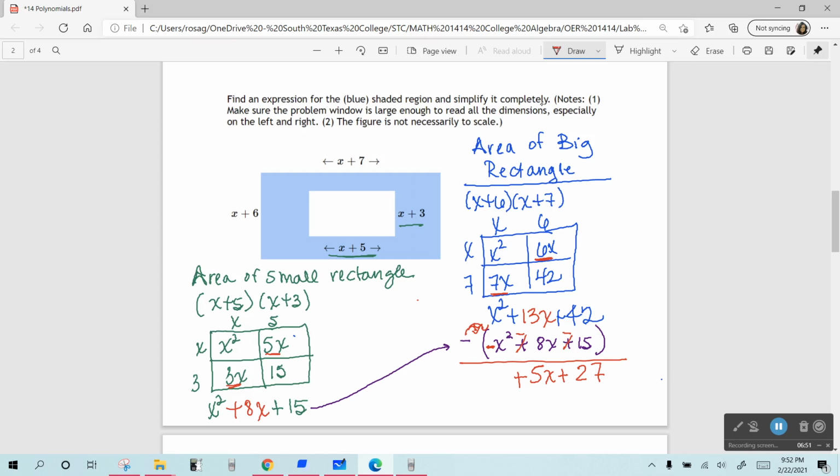And then the x squares cancel. So this would be the answer. So if I were to label them, I did this first, and then this second, and then this third.